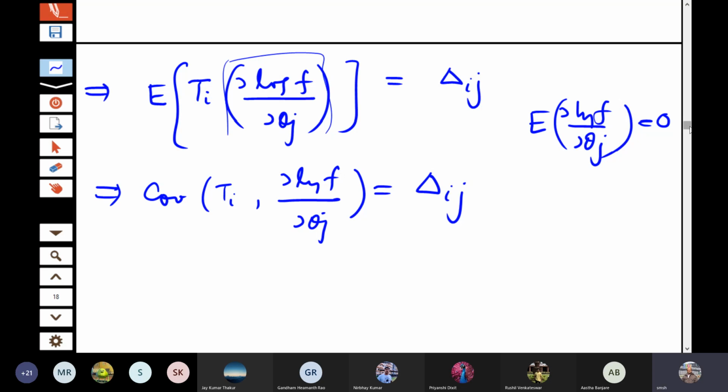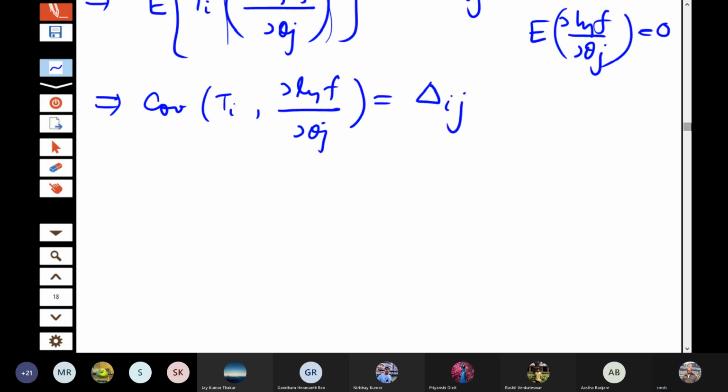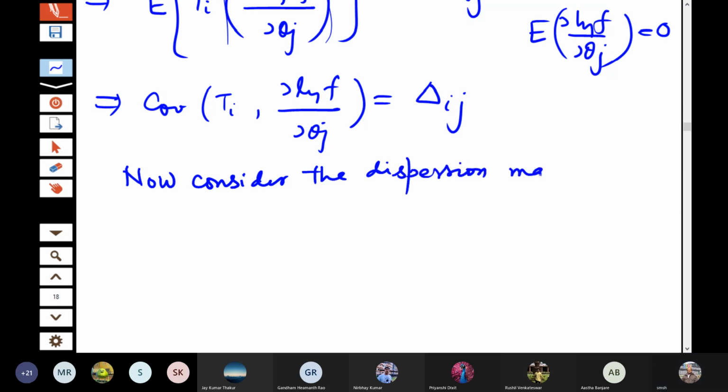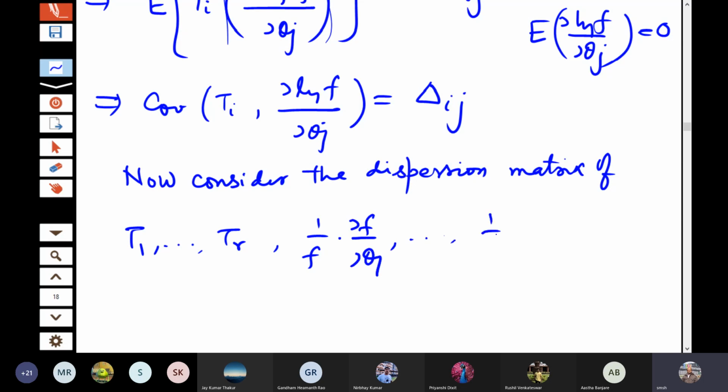So now consider the dispersion matrix of T1, T2, up to Tr, and 1 by f del f by del theta 1 and so on, up to 1 by f del f by del theta k.